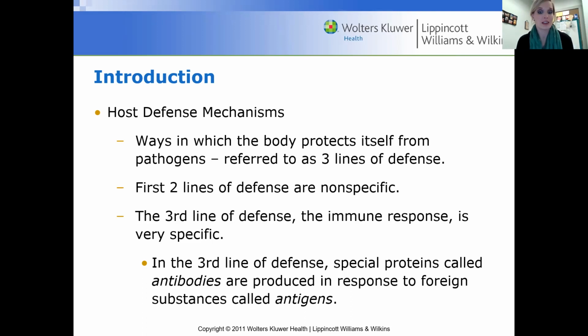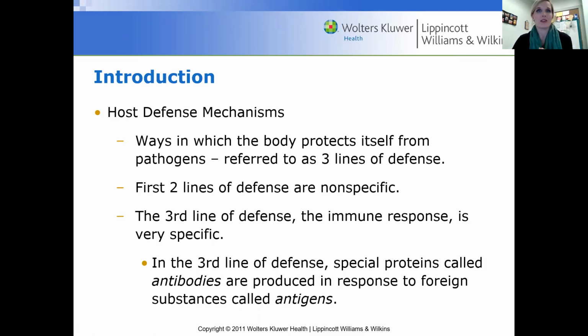So that's what we're going to look at today in this chapter as we take a look at our first 2 lines of defense. Our third line is going to be the immune response, and that's going to be very specific. In the third line of defense, we have special proteins that we create called antibodies in response to these foreign invaders called antigens. If you remember from anatomy, we termed those antigens. It just means anything that's foreign, whether it's an infectious pathogen or anything that doesn't belong.